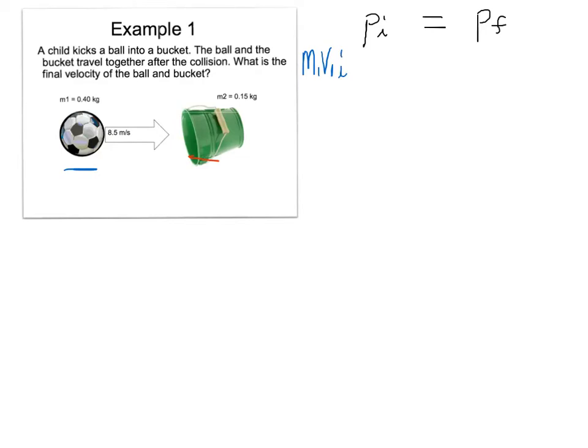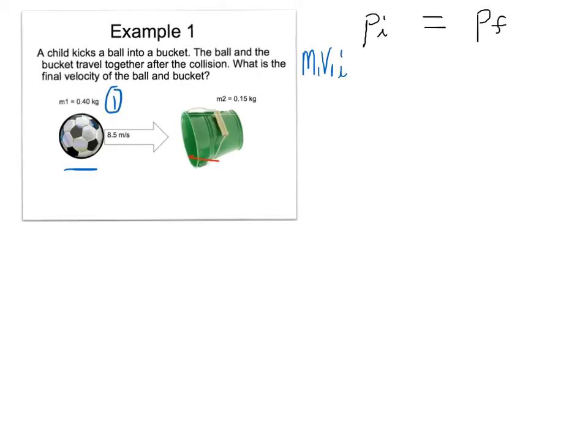Let's make the soccer ball object 1, plus, and if there were more than two objects, we'd do all of them, plus m2 v2i equals m1 v1f plus m2 v2f.